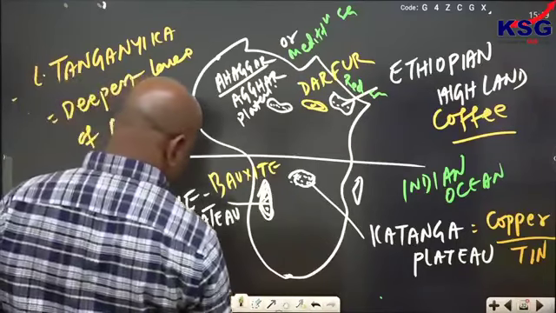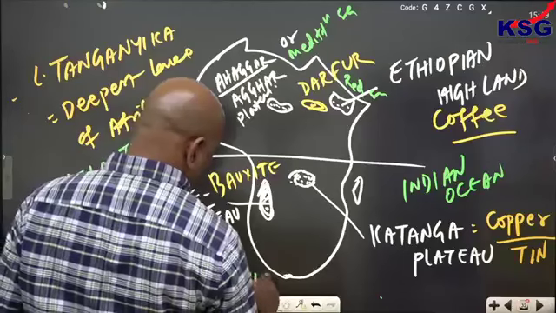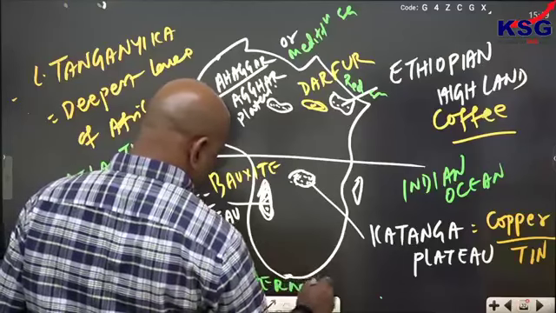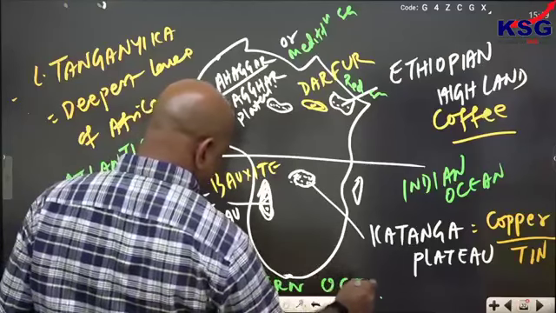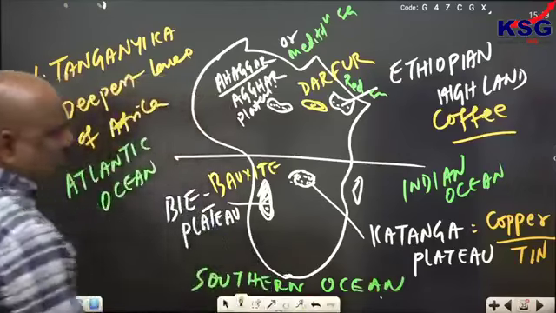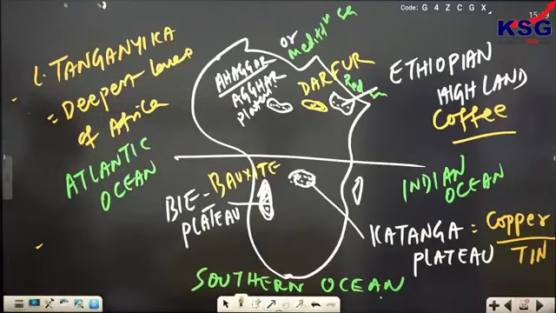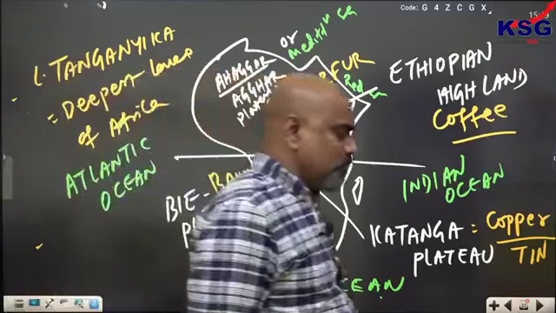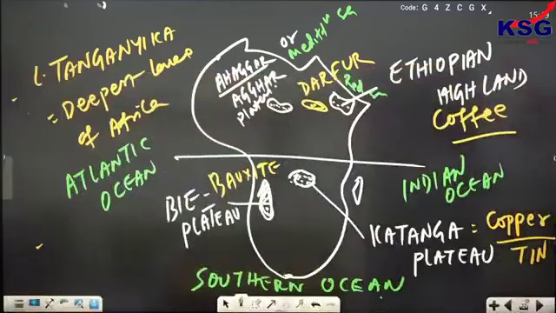Then it is the Southern Ocean. The Southern Ocean is this side. Then you have Antarctica below. We have this. You are requested to draw this and do certain things here. Okay. I hope it is clear.